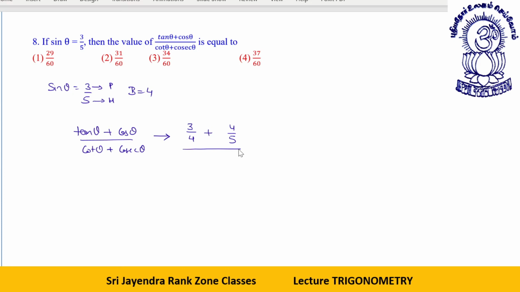Perpendicular is 3. So what do you have in the end? This is like 5 into 3, 15 plus 16 divided by 20. This 3 I will take common. 15 plus 16 is 31 divided by 20 into 3. These will get multiplied. This will give you 31 by 60, or this is your option number 8.